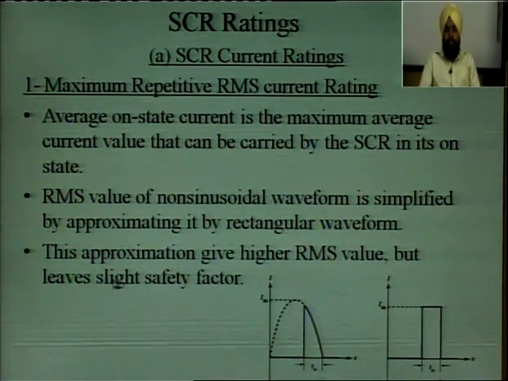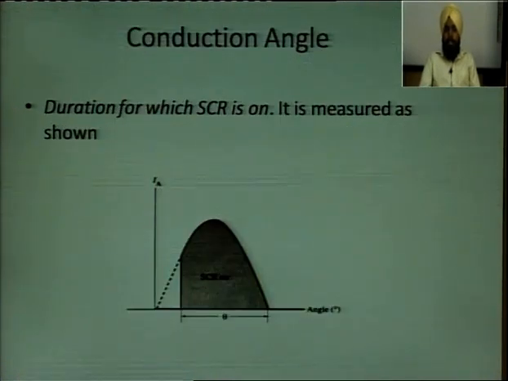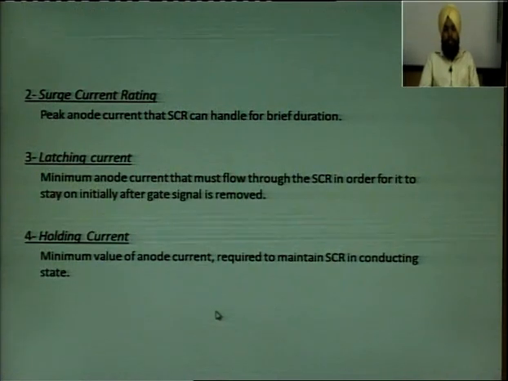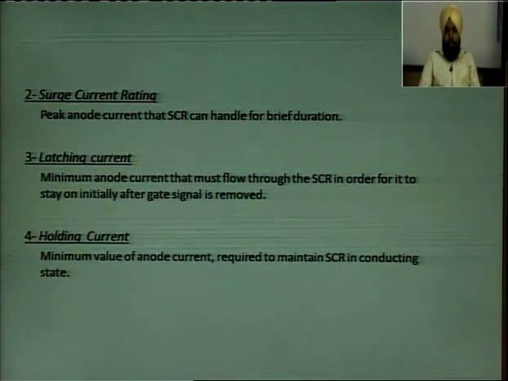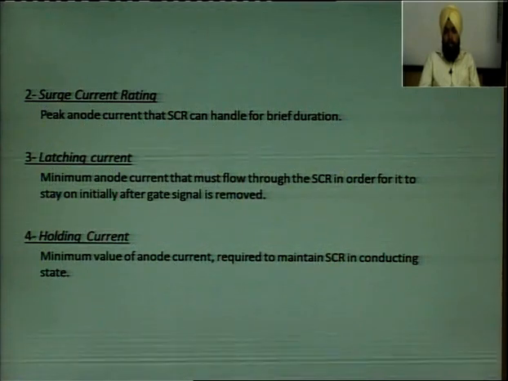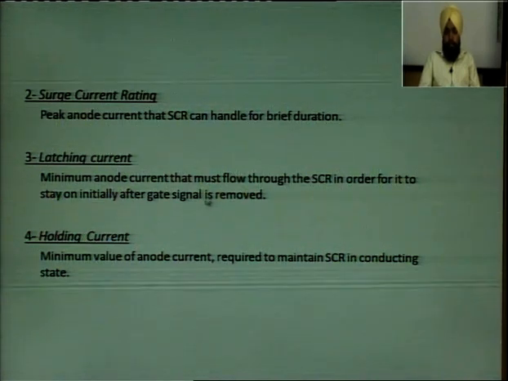So, these are SCR ratings: current rating, that is maximum repetitive RMS current rating, conduction angle, that is the duration for which the SCR is on, surge current rating, and latching current. Latching current is the minimum anode current that must flow through the SCR in order for it to stay on initially after the gate signal is removed.